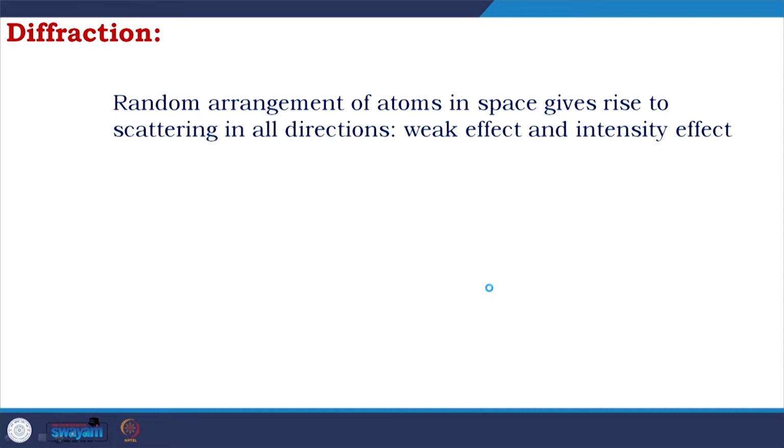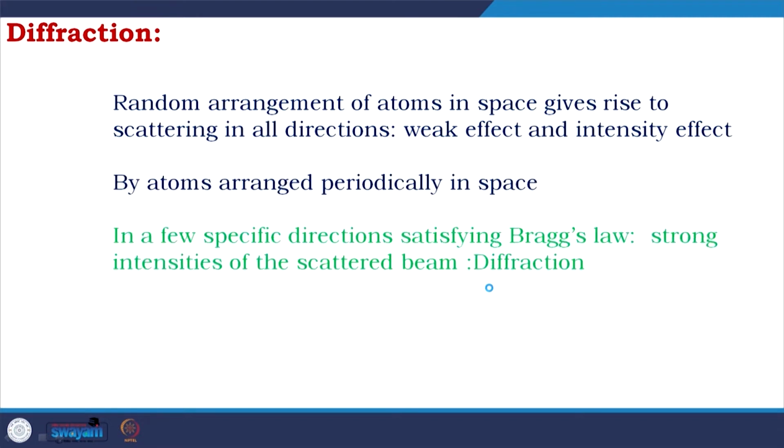So, a random arrangement of atoms in space gives rise to scattering in all directions, which has a weak effect and which also affects the intensity. But when atoms are arranged periodically in space, which is a crystal, in a few specific directions which satisfy Bragg's law, there are strong intensities in the scattered beam, that is called diffraction.